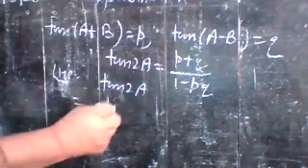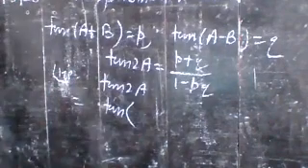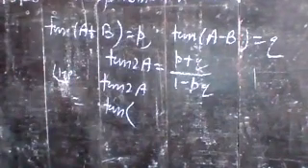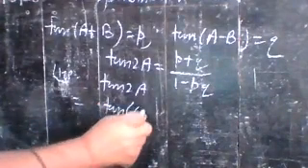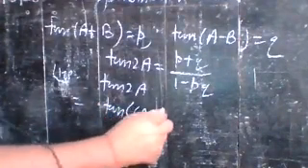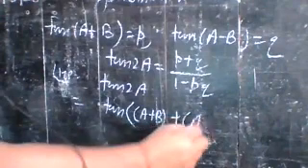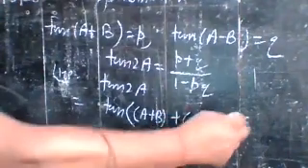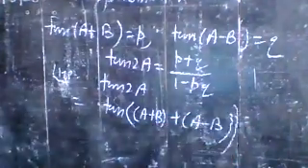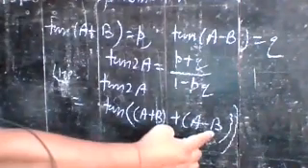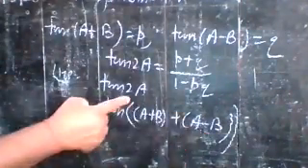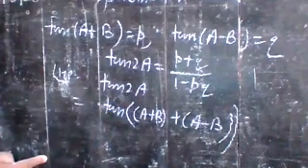Now, 2a is to be rearranged like that: in place of 2a, you can write (a + b) + (a − b). If you remove the brackets, b and b cancel out, and again you have 2a. Understand? So note that point.